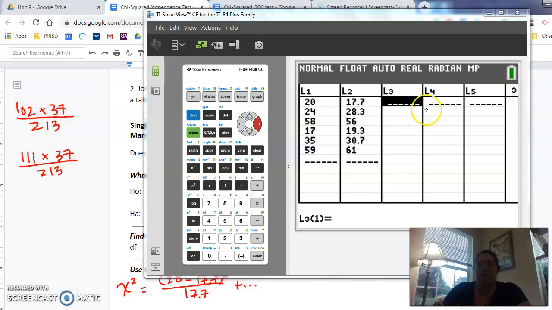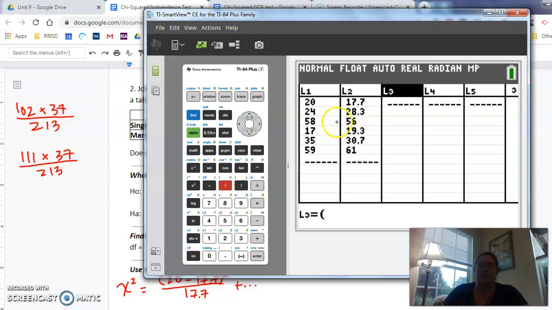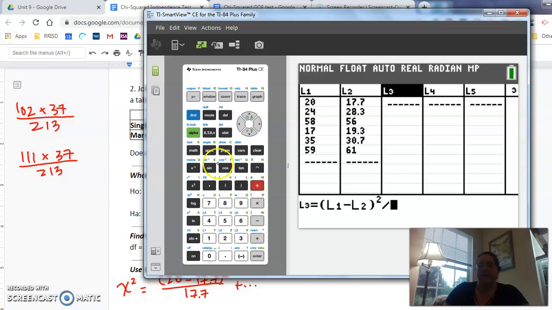So now I have those in here in L1 and L2. I'm going to use my L3 to quickly get the chi-squared value. So I'm going up to L3, highlighting it. We want parentheses, observed, which is in L1, so second 1, minus expected, which is in L2, so second 2, close parentheses, squared, divided by expected, which is in L2.